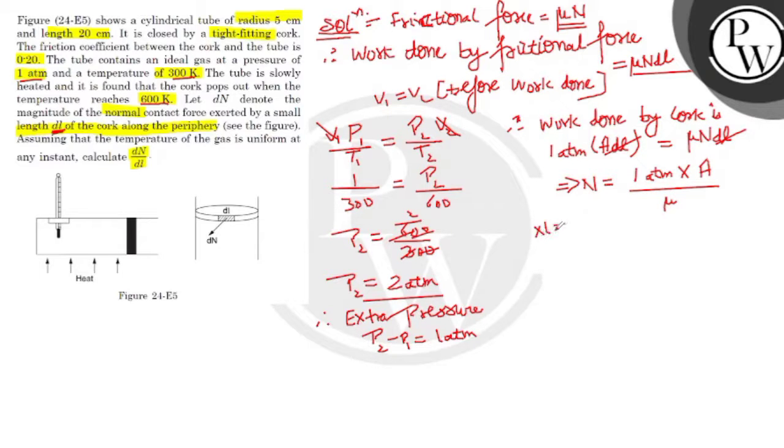So 1 atmosphere is equal to 10 power 5 pascals and area is equal to pi r square, where r is 5 centimeter. Convert into meters, which is 5 into 10 power minus 2. So square this term, divided by mu. Mu is given, 0.20.